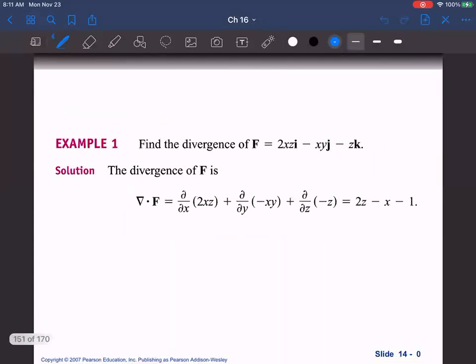And so here we've got just a little example you go through and do. It's just del dot that vector field, 2xz in the i direction minus xy in the j direction minus z in the k direction.